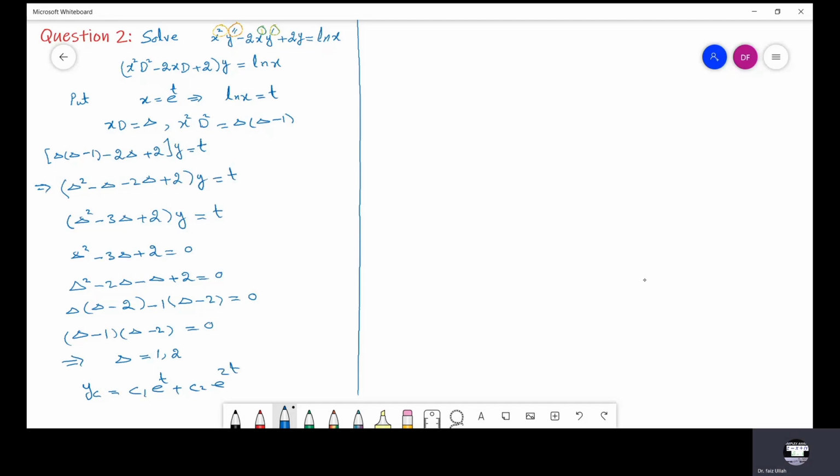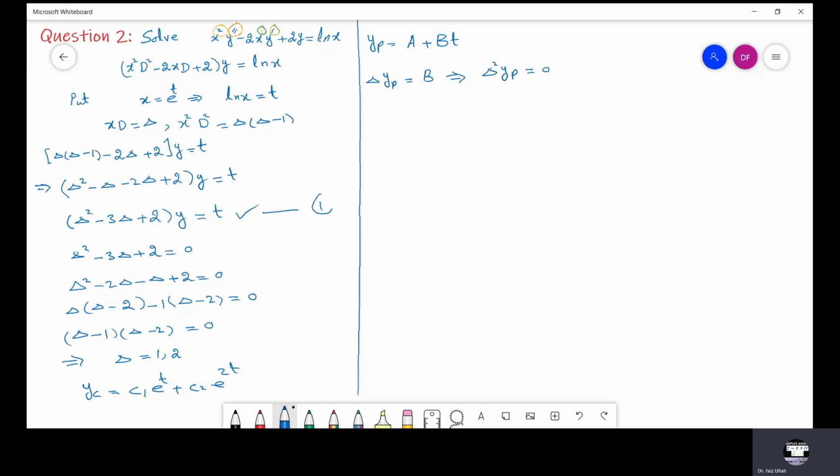And now let us find yp. So yp, as it is polynomial of order 1, so yp is equal to a plus bt. Let us differentiate this. Delta yp is equal to b. Now let us differentiate it again. We have delta square yp, which is equal to 0.